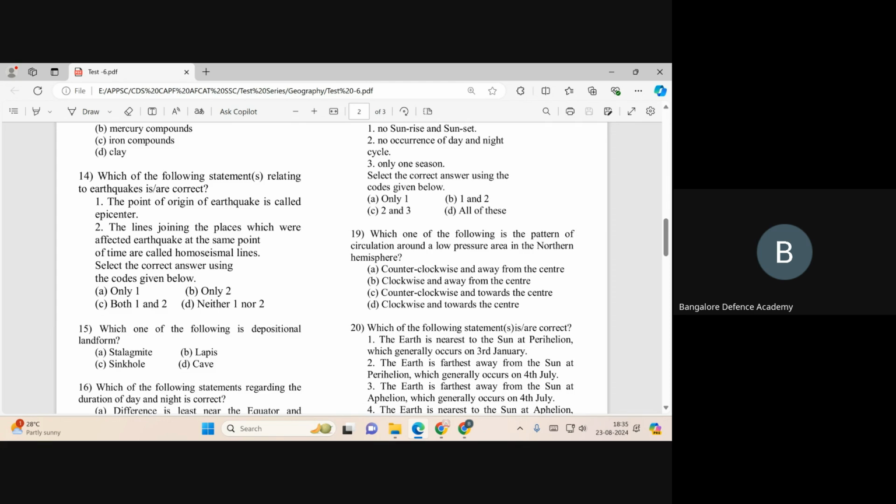Option A is correct. How many say option B is correct? How many say option C is correct? How many say option D is correct? So why is option D correct?